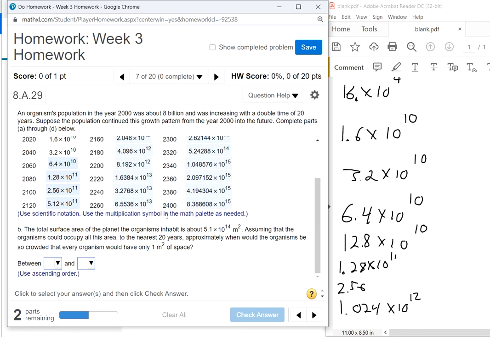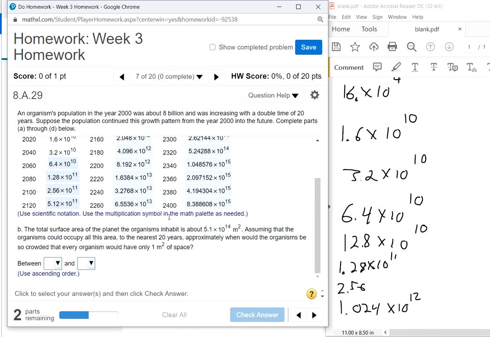B, the total surface area of the planet is 5.1 times 10 to the 14th meters squared, assuming that the organisms could occupy it. When would the organisms be so crowded that every organism only had 1 square meter of space?